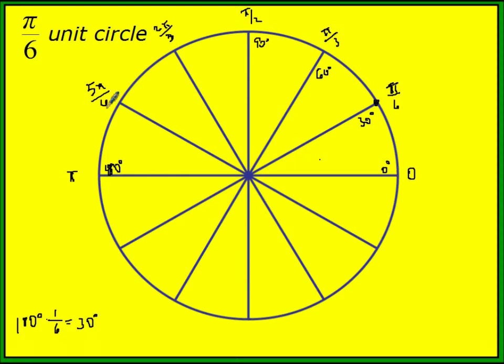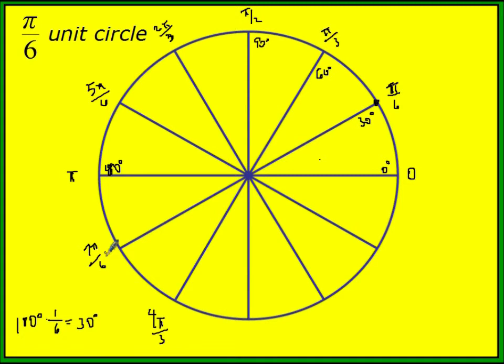I'll walk you through that again, as this is an easy way to count these angles. 0 pi over 6, 1 pi over 6, 2 pi over 6 simplifies to 1/3, 3 pi over 6, 4 pi over 6, 5 pi over 6, and 6 pi over 6 equals 1 pi. Keep going in this manner. 7 pi over 6. 8 pi over 6, oh sorry, 8 pi over 6 does simplify, to 4 pi over 3.